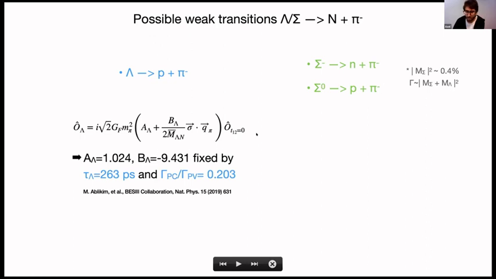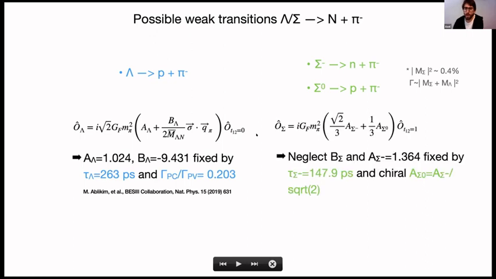So we decided to include this and see what the contribution was. There we should in principle also have A and B terms, but since this is already a small contribution, and within this smallness the B terms are even smaller, we neglect those, and then we still have these two couplings, A sigma minus and A sigma 0.